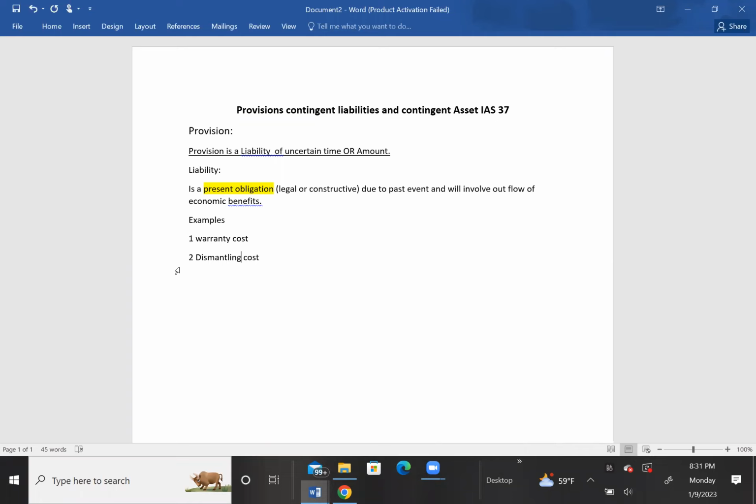That is known as dismantling cost. So we will need to record a provision because we have installed the asset. There is an obligation on us that whenever we go, we will dismantle the asset.